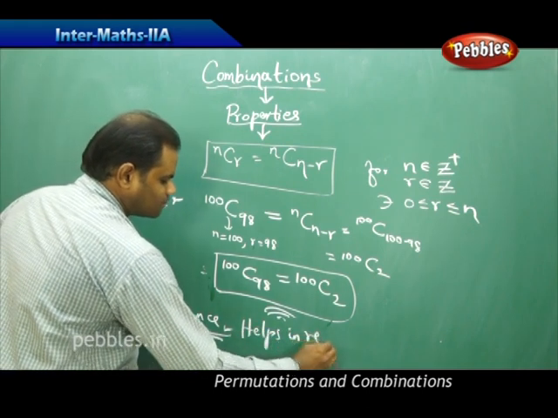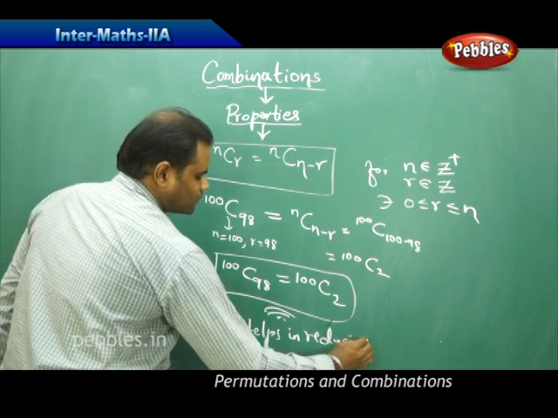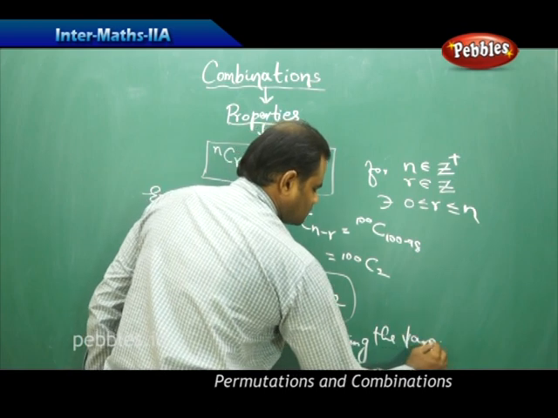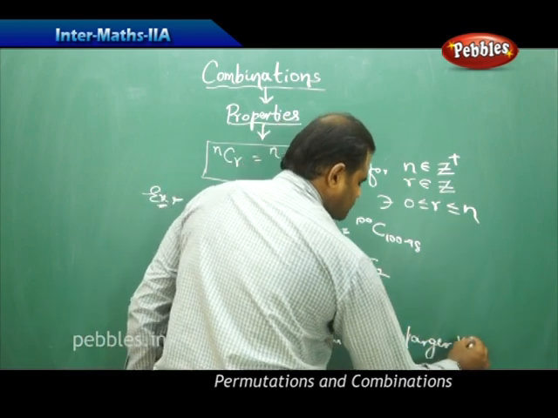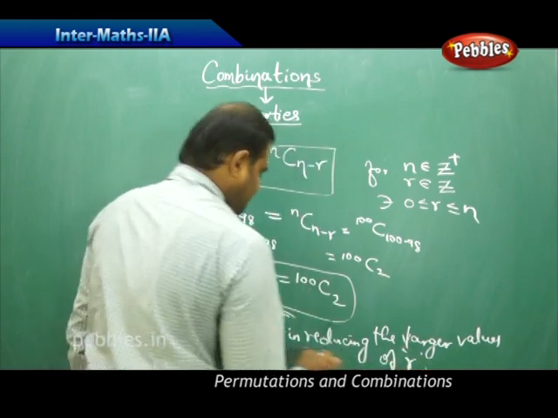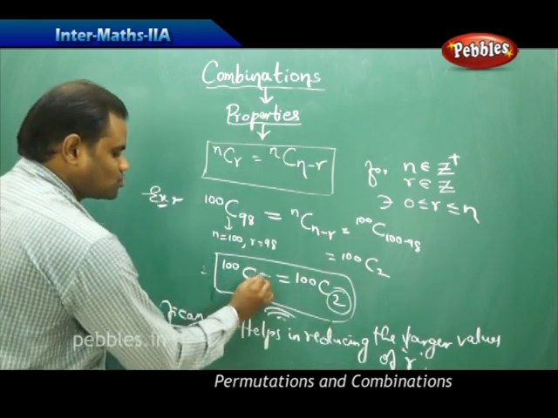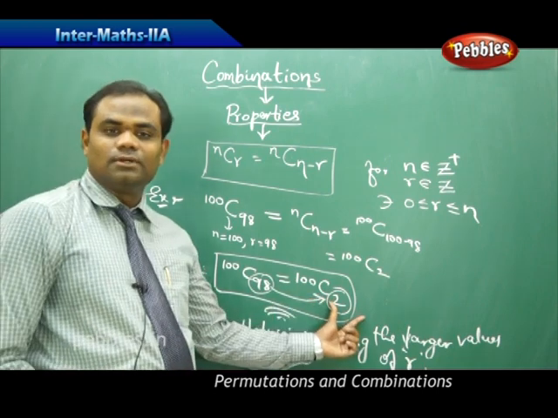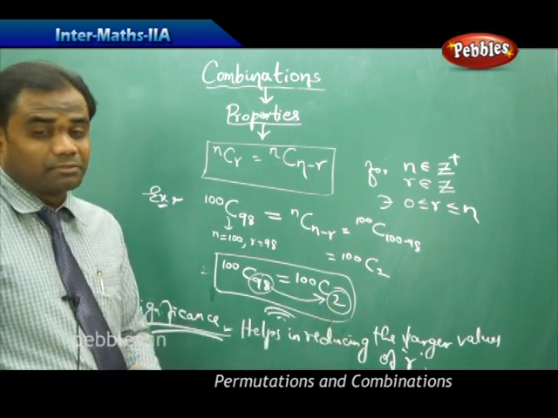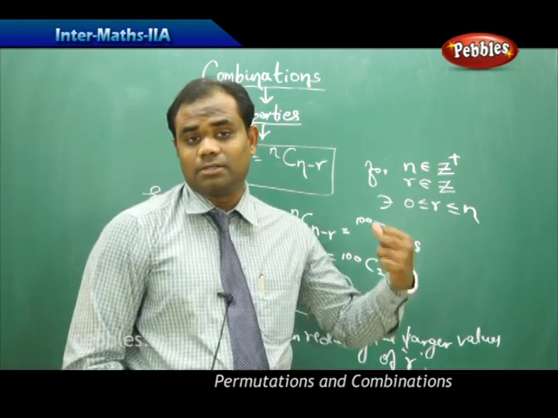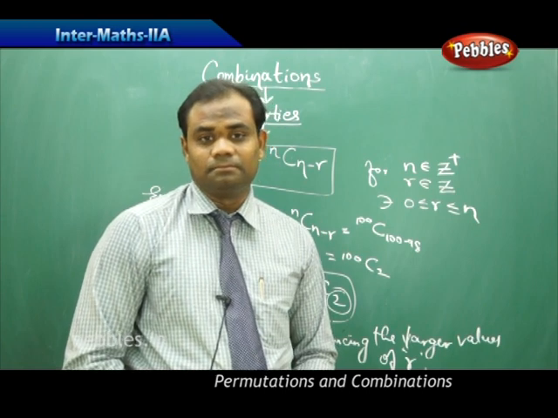Helps in reducing the larger values of r. As can be seen here, this reduces to 2 from 98. This reduces all the way to 2. So making the simplification easier, helps in reducing the larger values of r, is the most important part of this formula.